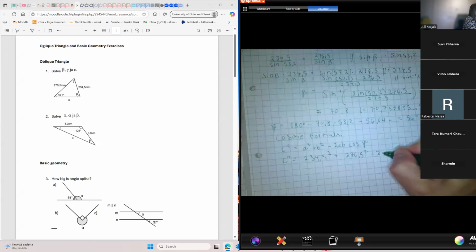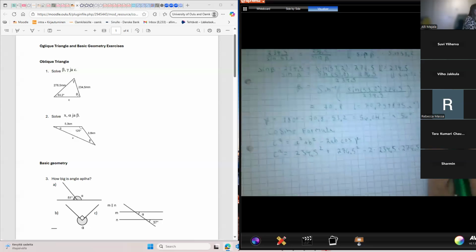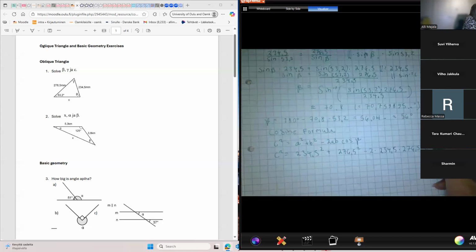Minus 2 times the cosine of the gamma that I now know is about 56.